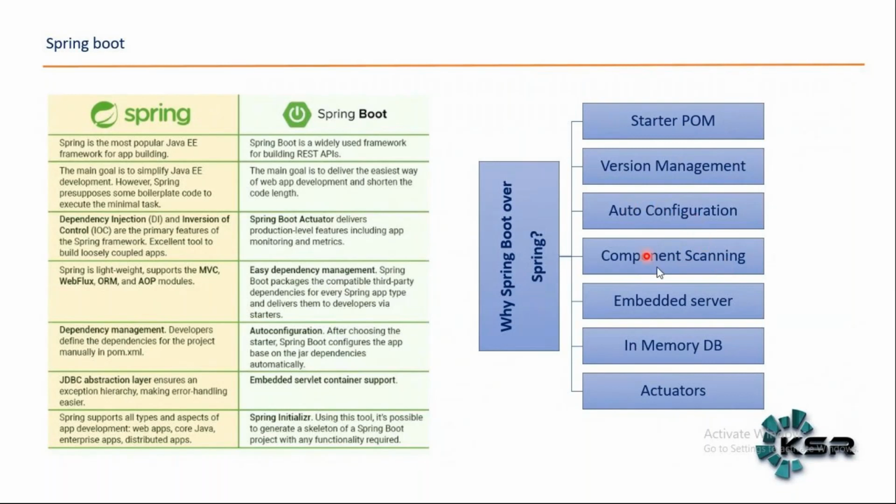Component scanning: how auto configuration helps component scanning. Instead of going through each and every file, if I mention a package, I can scan it and see what dependencies are there. That is called component scanning. Embedded server, an inbuilt feature of Spring Boot that is not there in the Spring framework. Inbuilt memory: the H2 database is there in the case of Spring Boot, whereas in Spring we have to configure it manually. Actuator, to monitor our health check.